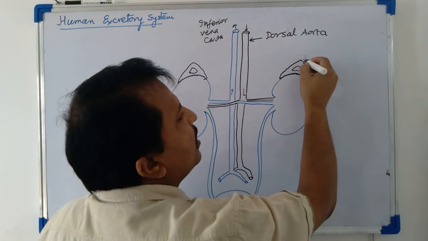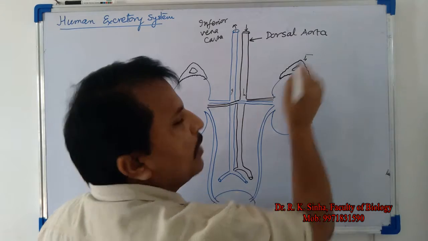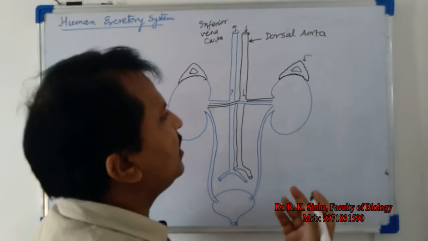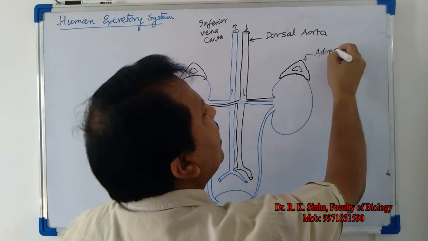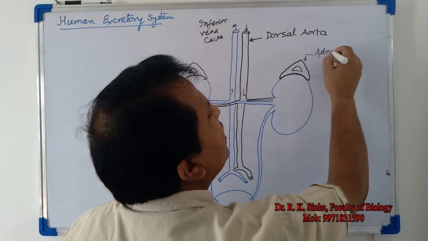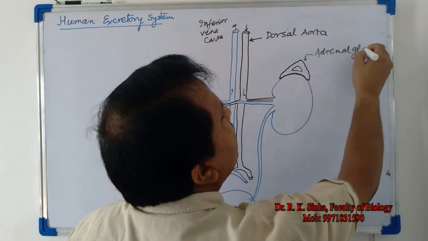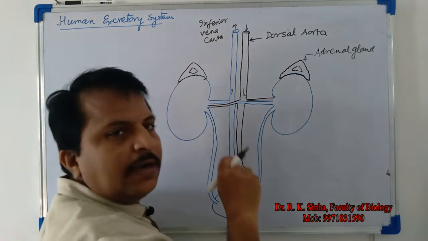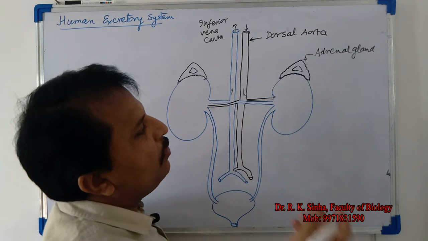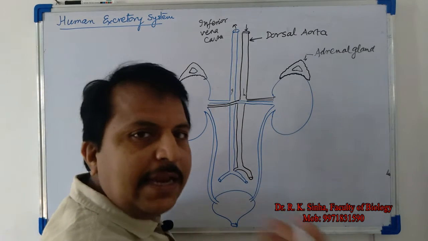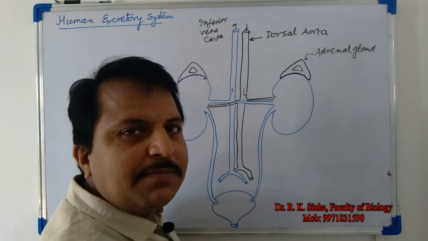Here is one more structure located over the dorsal surface of the kidney, known as the adrenal gland. Ad means joint, renal means kidney; it is the endocrine gland located over the surface of the kidney.